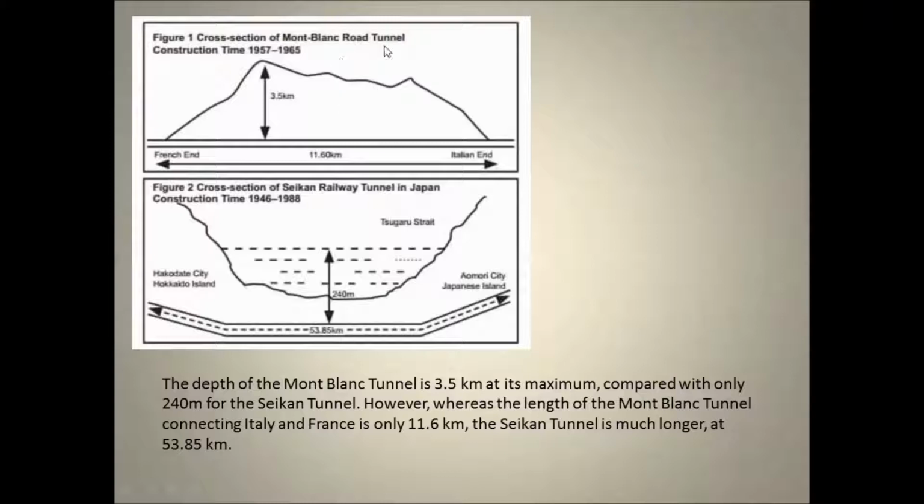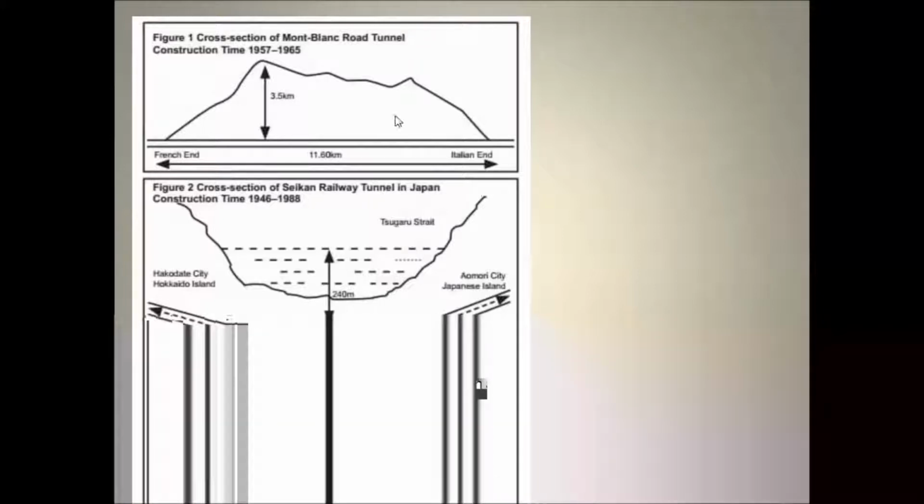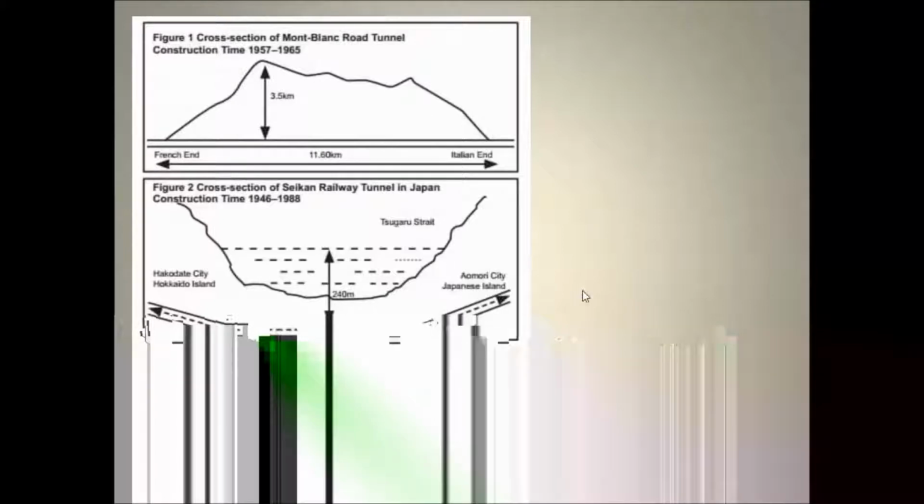I think the Mont Blanc tunnel is the deepest one. However, the length of the Mont Blanc tunnel connecting Italy and France is about 11.6 kilometers. So the length is shorter than the other one, but the second tunnel is much longer at 53.85 kilometers. This is just 11.6, this is 53.85.